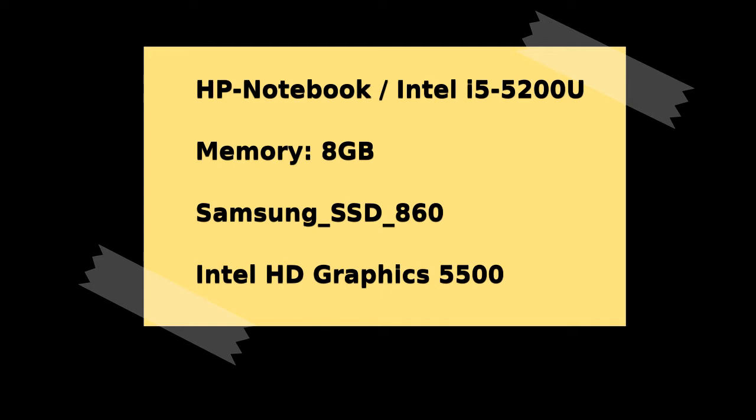It has an Intel i5 5200U, and 8 gigabytes of memory. I have a Samsung SSD with 250 gigs of storage, and also an Intel HD Graphics 5500 that is part of the motherboard. This may or may not be your hardware configuration, but if it is, at least you have a starting point as to what you want to do from here.